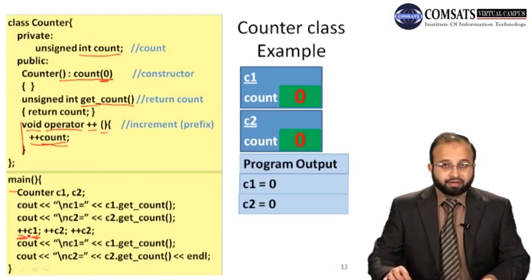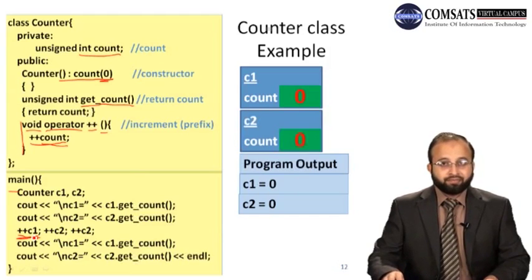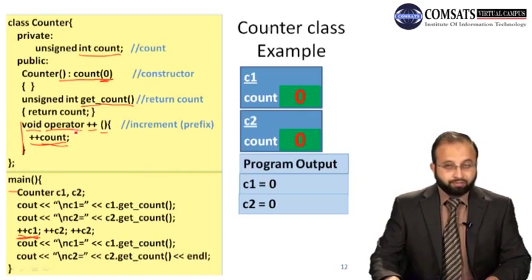Here the ++ operator comes with the object of a user-defined class, so it will look for the operator ++ function in that class. C1, which is an object of the counter class, so it goes to the counter class, looks for the operator ++ function and then executes that function. So this means the object that caused the operator ++ function to execute is C1. The private data members of the C1 object are directly accessible within the definition of that function. So when the statement ++C1 is executed, control will come to the operator ++ function and increment the count value here.